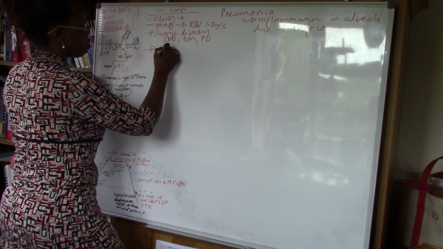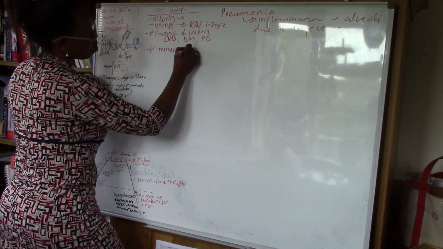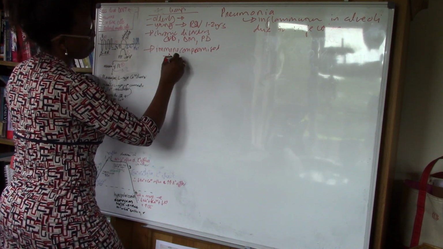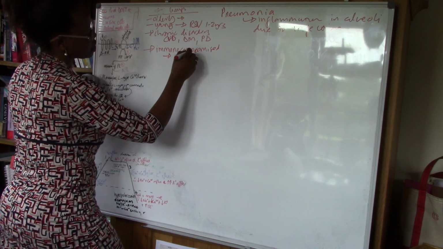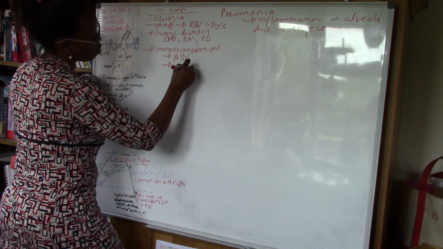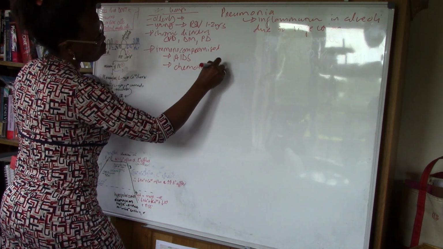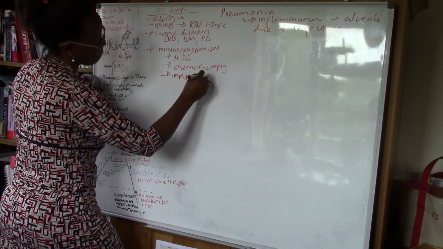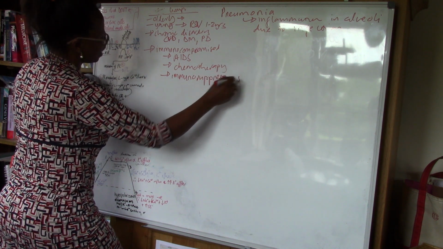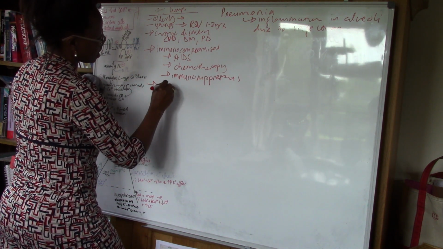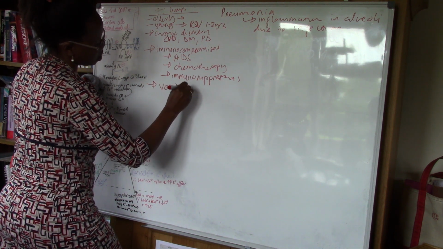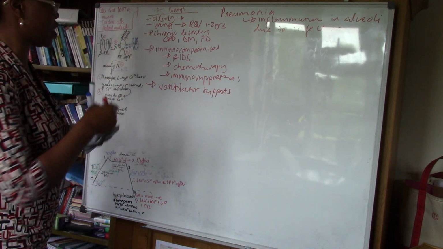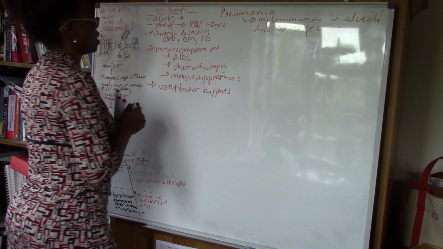People who are immunocompromised, be it from acquired immune deficiency syndrome, or being on chemotherapy or immunosuppressants. And others are people who are on ventilator support. So these are the groups generally who get a lot of pneumonia.